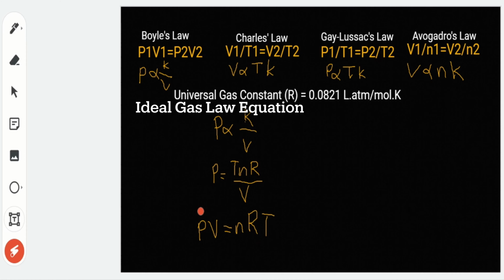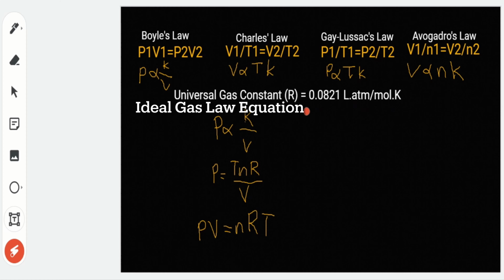So this is now our ideal gas law equation, PV = nRT, which we can use to know the value of pressure, volume, the amount of gas, or the temperature, using the universal gas constant. The universal gas constant is equal to 0.0821 liter atmosphere per mole Kelvin.